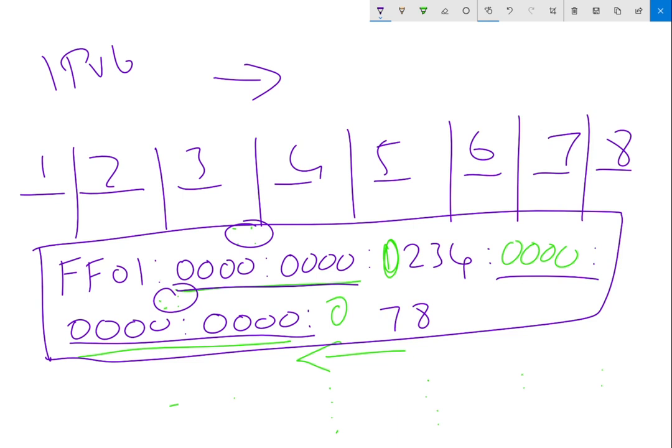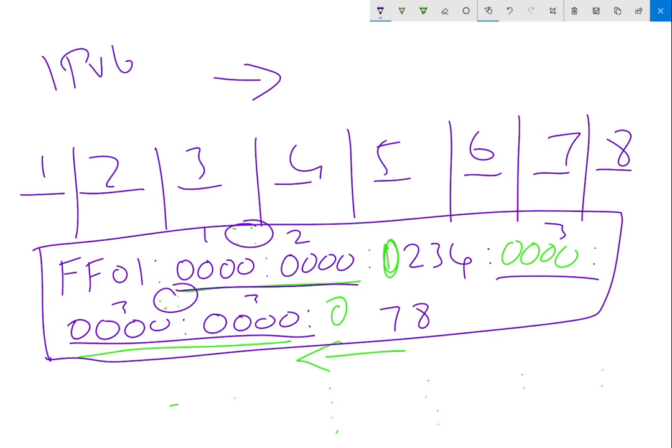One out of these you can represent with double colons. Why? Because if you use double colons on both sides, here you have 2 successive zeros and here 3 successive zeros. Now there will be confusion about which one is 2 and which one is 3, isn't it? Whether I should have 3 successive zeros here or here.